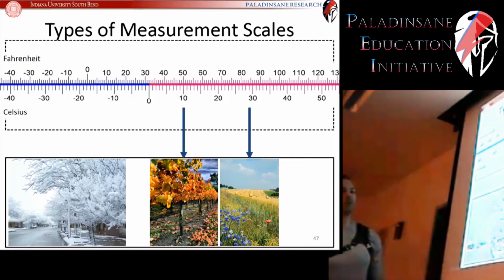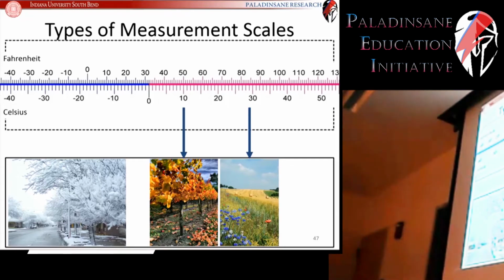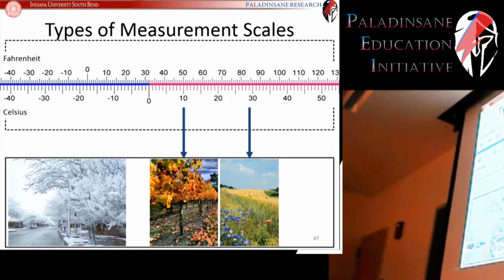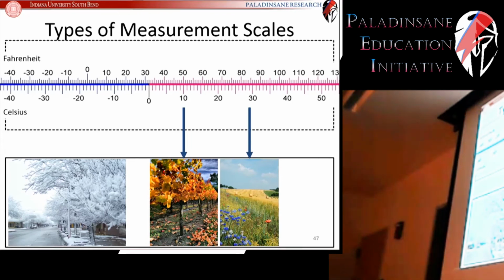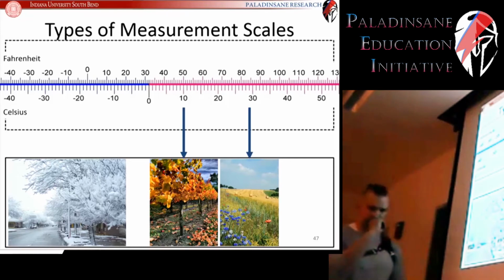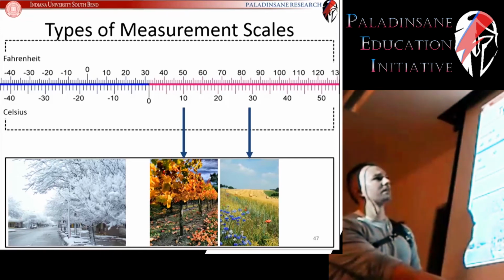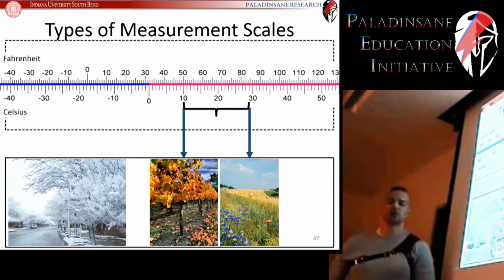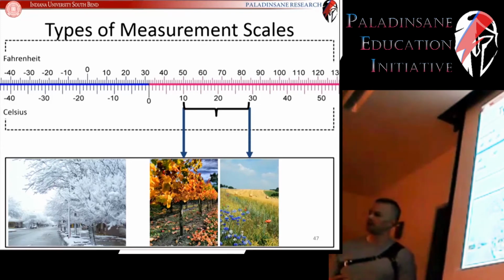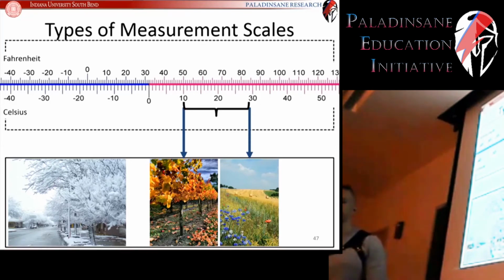So let's say that we had a Canadian who uses the Celsius scale, and we had an American who uses the Fahrenheit scale, and they were reminiscing about that autumn day that they spent in that vineyard, and that warm spring day that they spent in the field. They say, oh, do you remember that time that we went into that vineyard in autumn, and then we went into that field in spring?